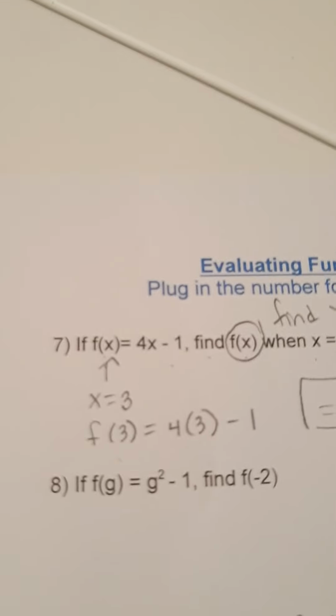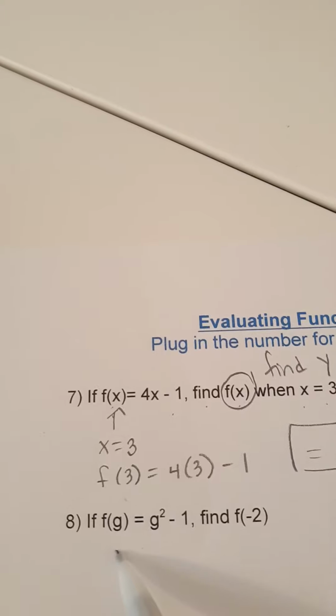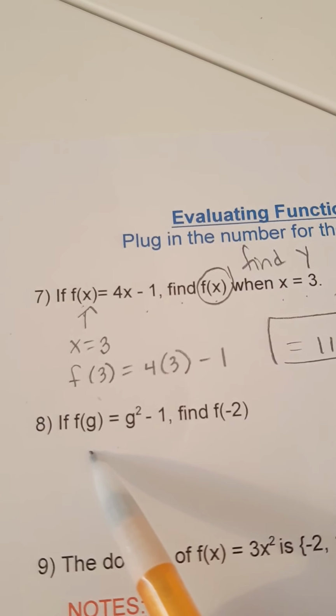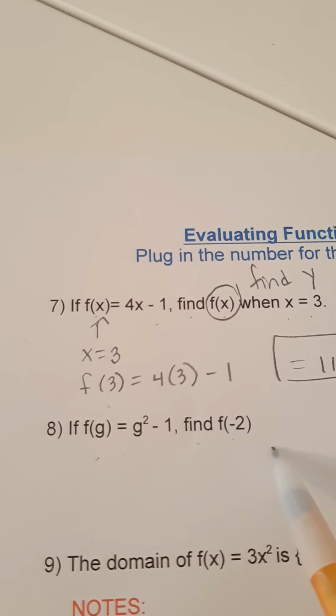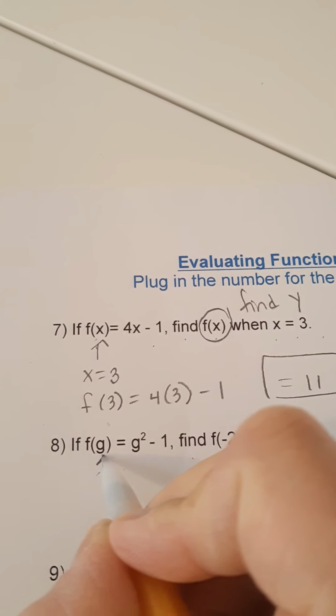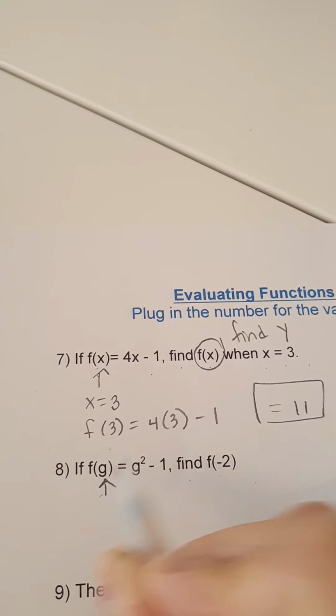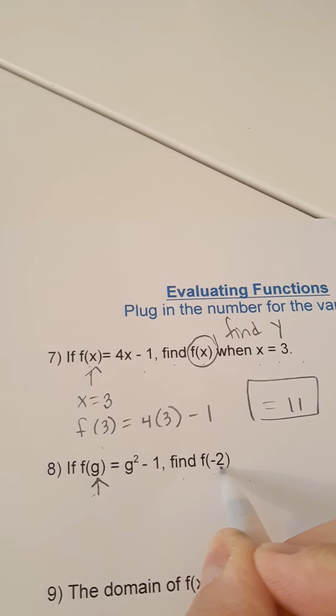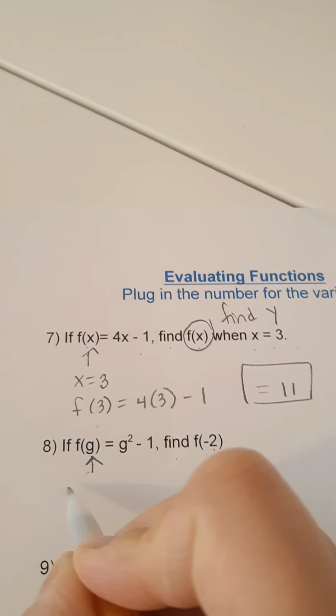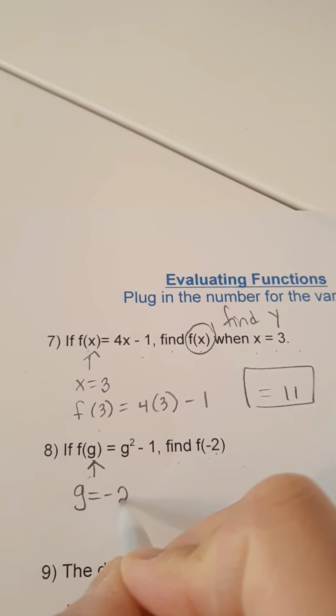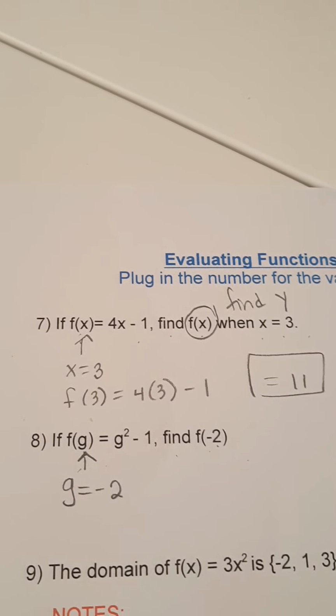Okay, so the next equation is: if f of g is g squared minus 1, find f of negative 2. So the variable that's in the parentheses is g. So this is replacing g.